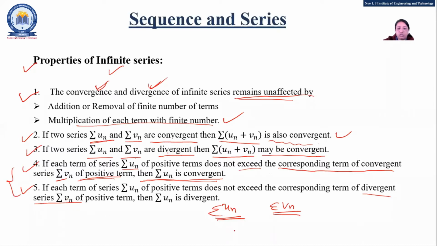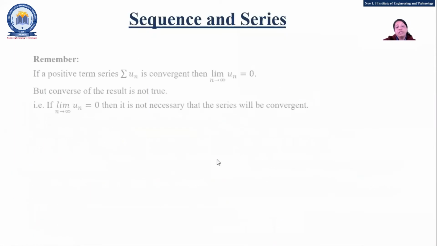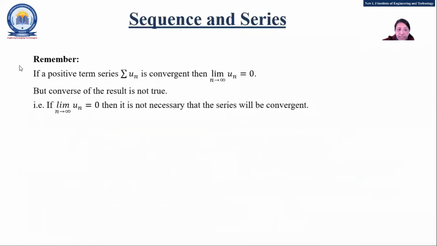And for the last point, if each term of un does not exceed the corresponding element of vn, then if vn is convergent, un is also convergent, and if vn is divergent, un is also divergent. So these are the properties of infinite series.